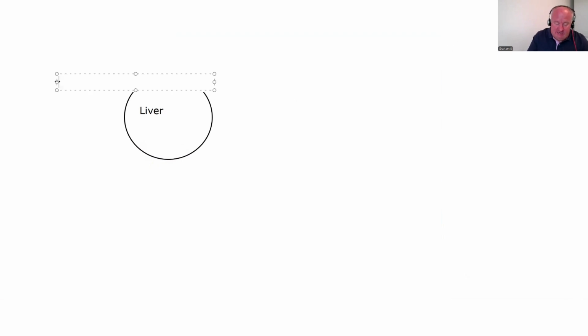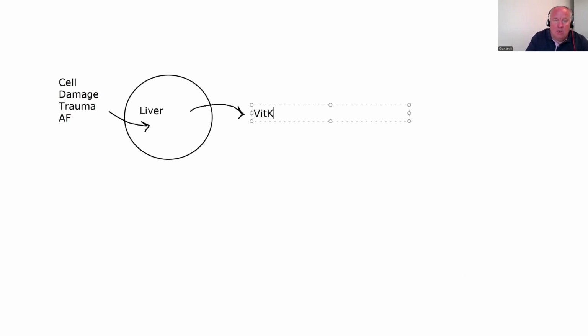And if the liver detects cell damage, like trauma or a bacterial infection, or ongoing cell damage from things like atrial fibrillation, then the liver will release into the bloodstream vitamin K. And this starts a really boring clotting cascade. So there are lots of different clotting factors, one of which is called clotting factor 10A.